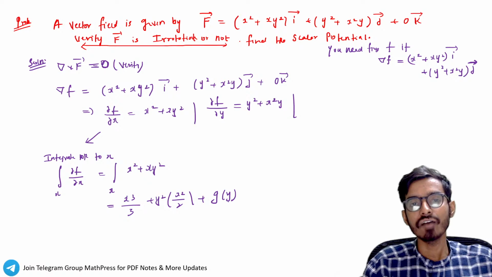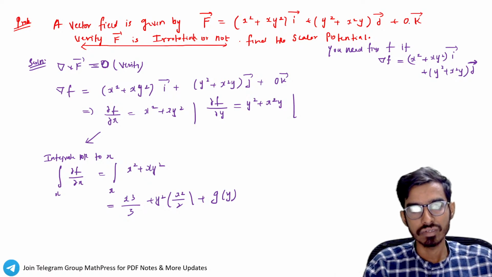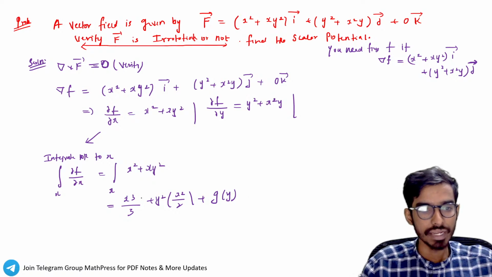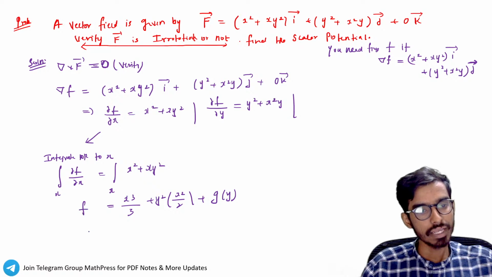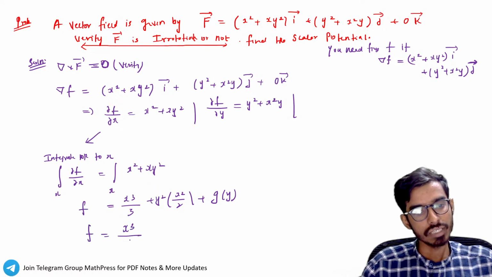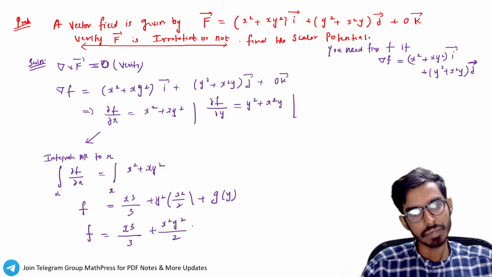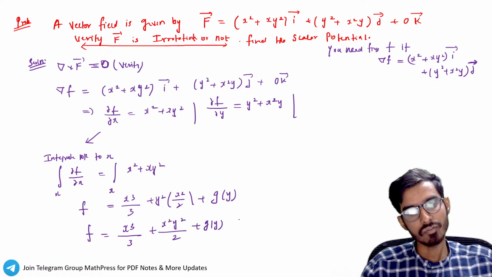I'm writing only g of y because z is 0. Usually you write g of y comma z, but I'm writing g of y alone. So f is x cube by 3 plus x square y square by 2 plus g of y.